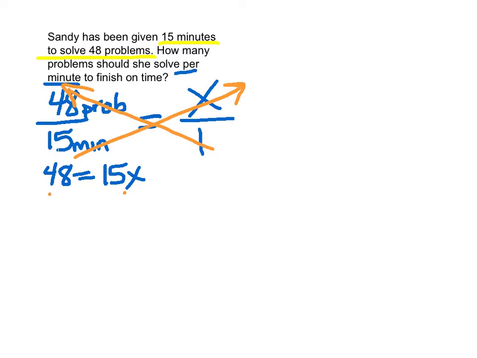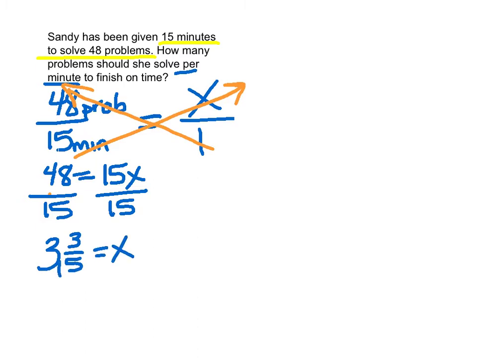Now I'm going to solve, and to get my x alone, I have to divide by 15. So 48 divided by 15 is really 3. 15 goes into 48 3 times, which is 45, and so it has a 3/15 remainder equals x. And 3/15 simplified is 3 1/5, which is equal to x.